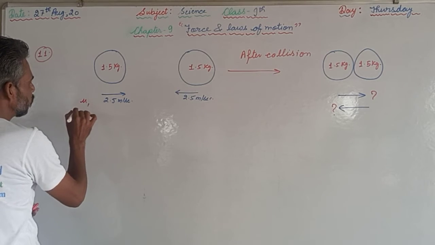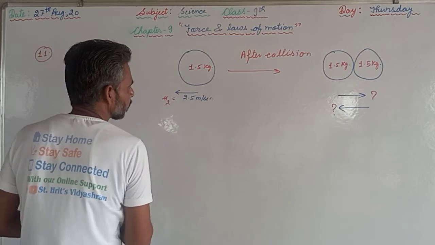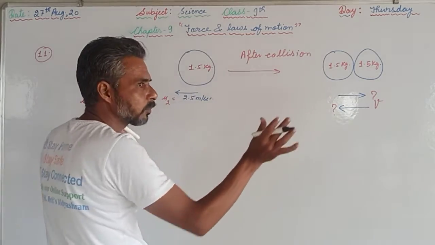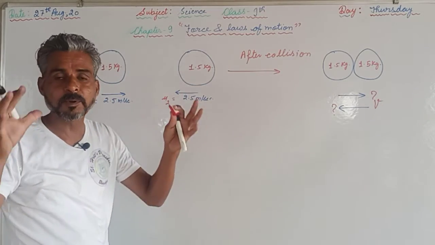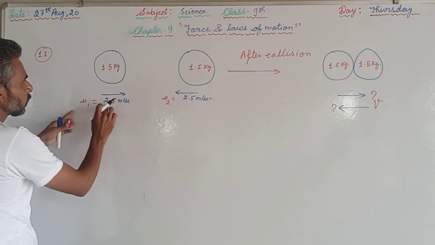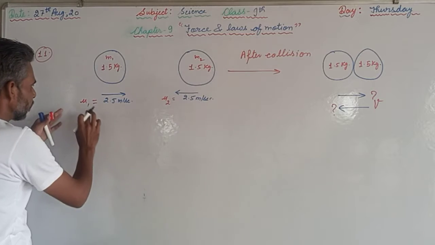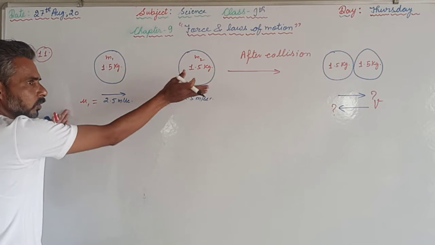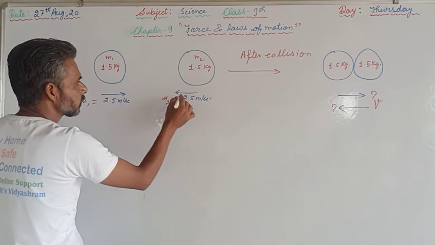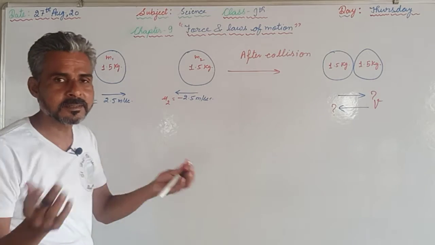This is u1 and this is u2, and we are supposed to find v, because both will move with the same velocity, because both are stuck together. Here this is m1 and this is m2. u1 is 2.5 towards this side and u2 is 2.5 meter per second this side, so this will be negative. Either of them will be negative because their direction is just opposite.